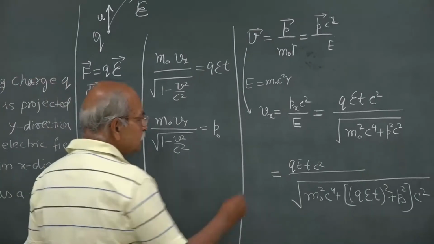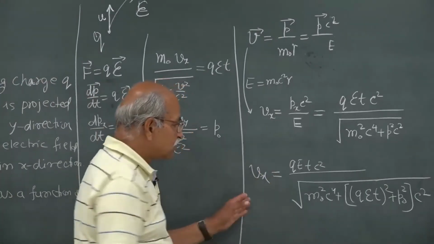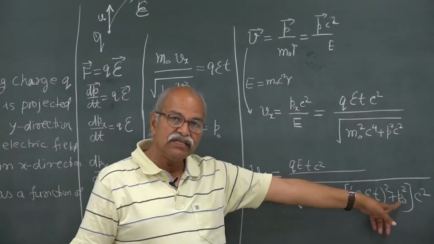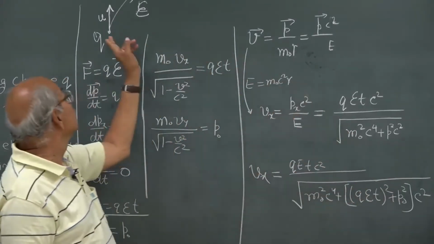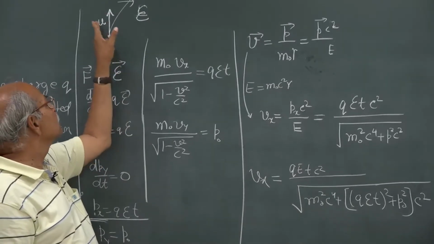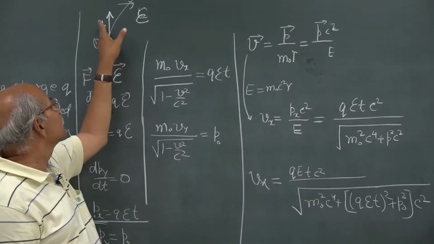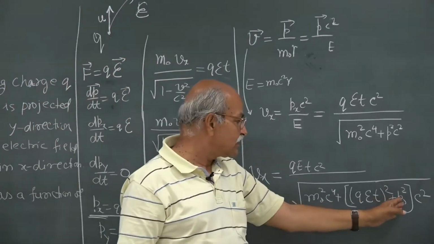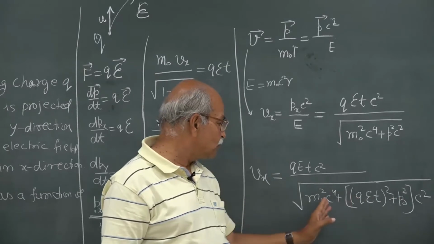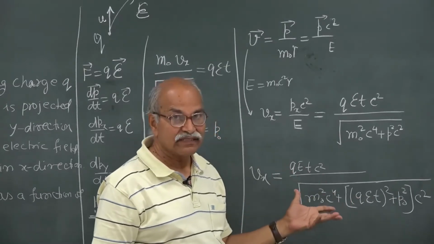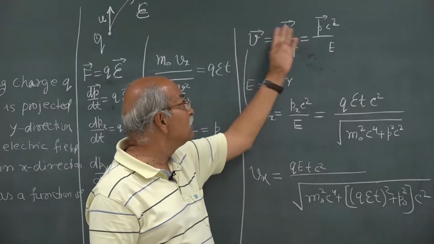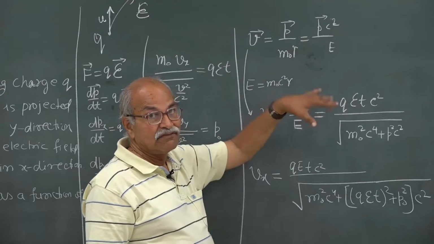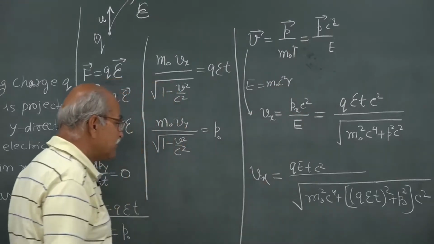So, we have gotten Vx as a function of time, because p naught is constant. This is the initial momentum, m times u divided by square root 1 minus v square by c square. So, we know that, and these are all known quantities. So, you get Vx. This is a very powerful, simple relation which can be used to get velocities in a very simple fashion.